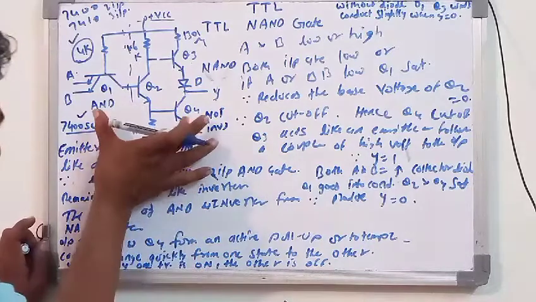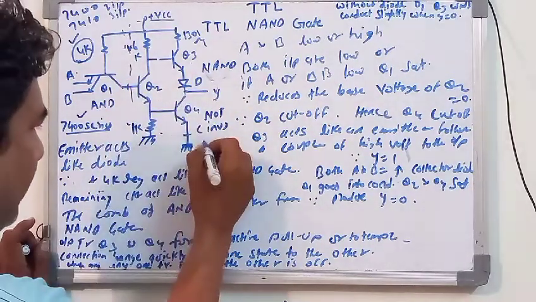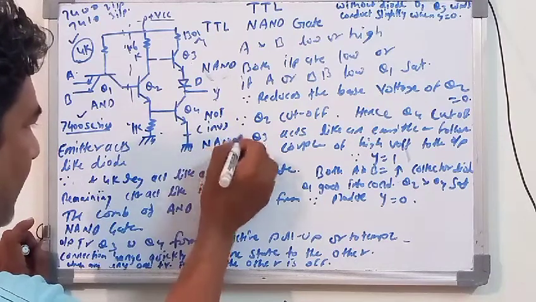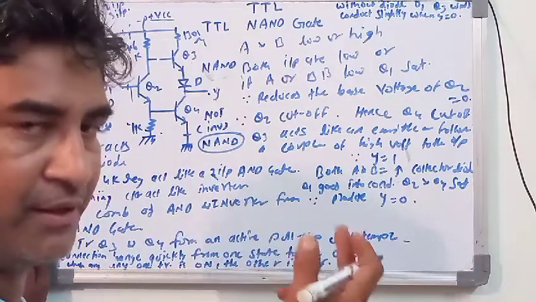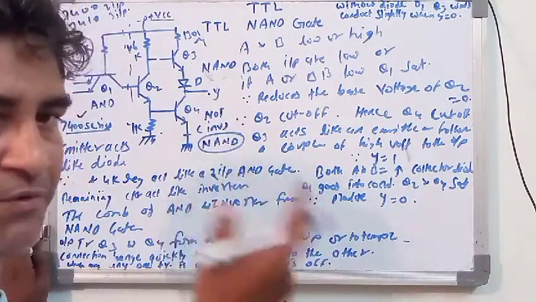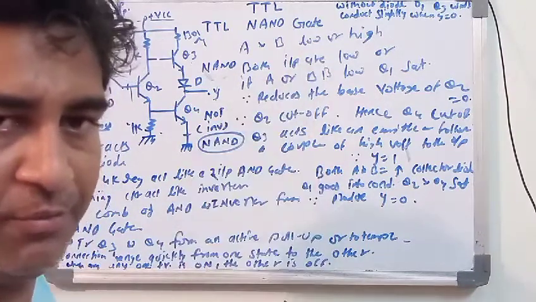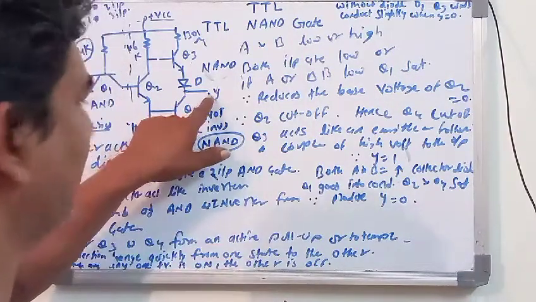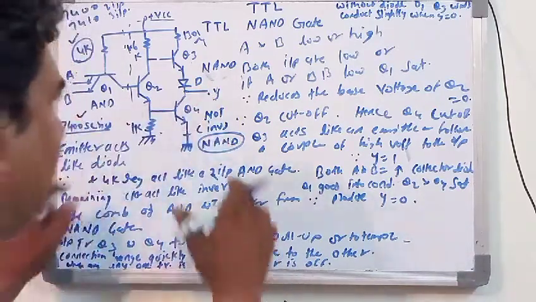Okay, if you combine these two, then you get the NAND. The output generated here is the NAND output from the logic gate table we studied in the second topic. How it occurs, we will see here. Okay friends.